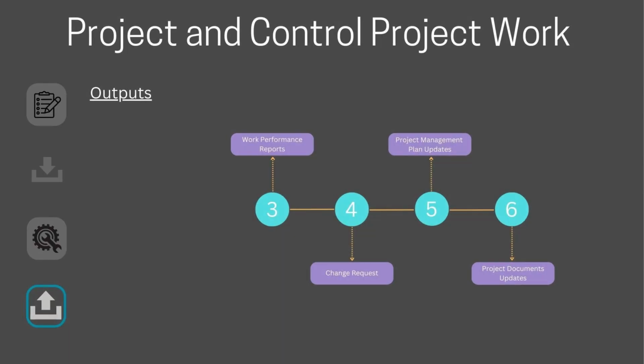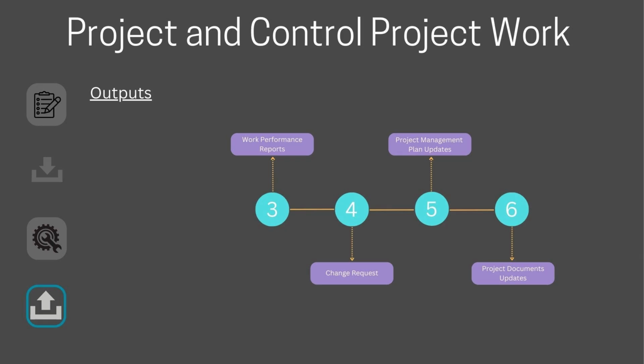The outputs of monitoring and controlling project work include work performance reports, change requests, updates to the project management plan, and updates to project documents. Work performance reports are created with a specific objective. These reports are used to communicate with the team, update management, or inform the customer.